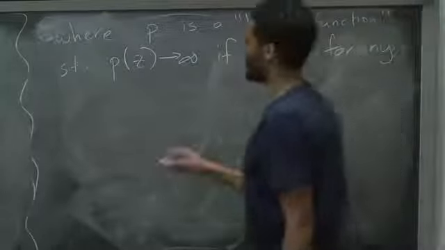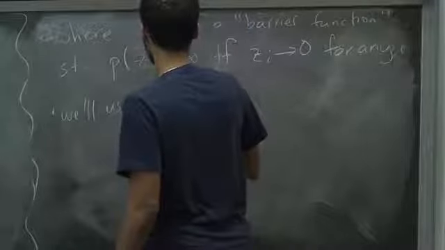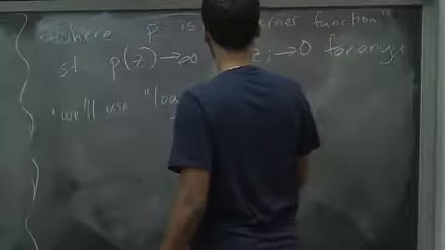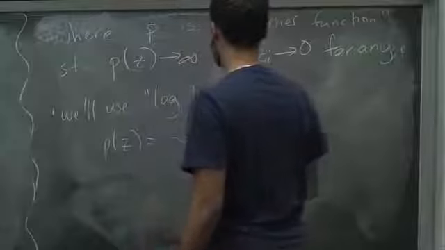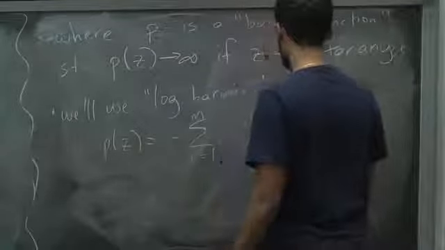Okay, and we'll use the log barrier, which is p of z equals negative sum i from 1 to m of ln of z_i.